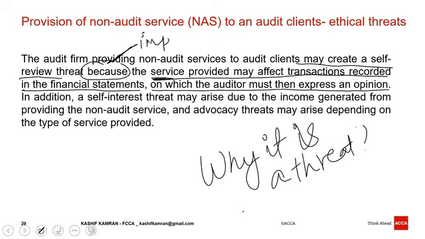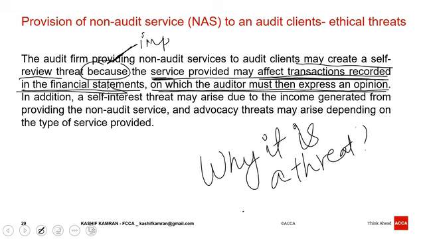This was exactly my point on loan. I think Farooq Maqsood, you asked that loan point. I think this justifies that. The examiner says it may create a self-review threat because the service provided may affect the transaction recorded in the financial statement on which the auditor must then express an opinion.